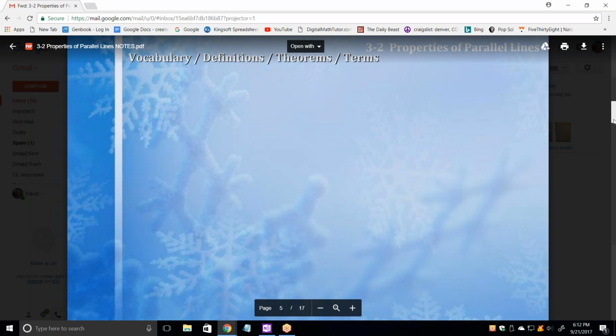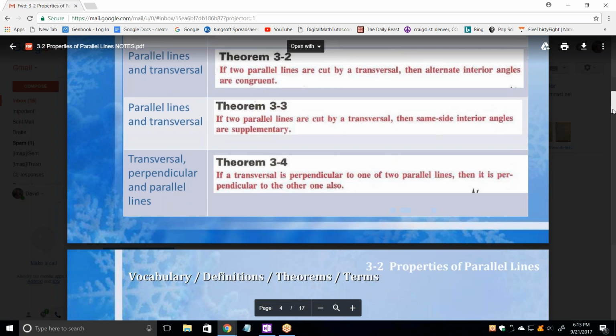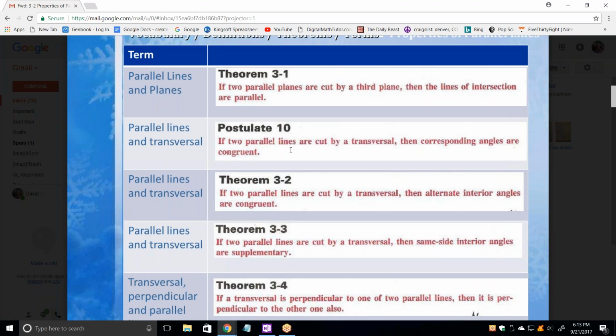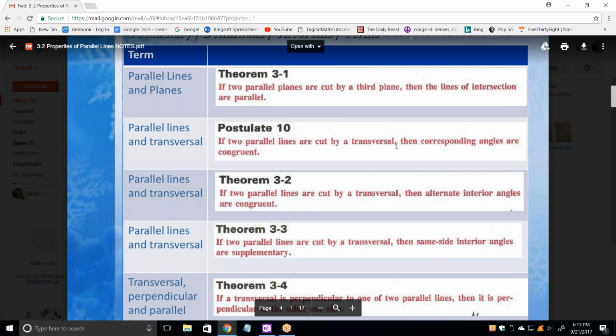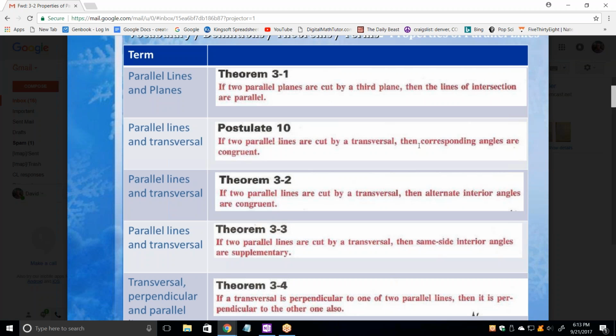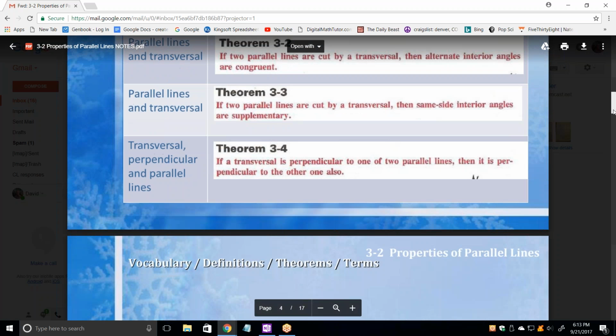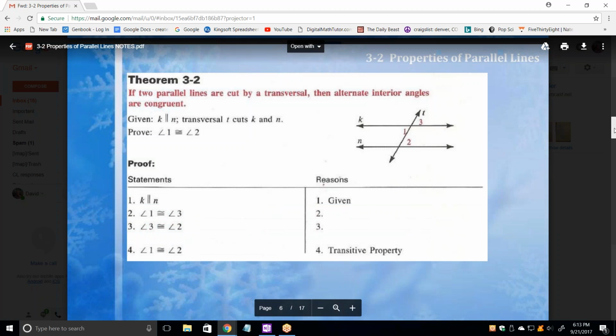Isn't that the way it works? You can only use theorems that you've proven or postulates. Postulate number 10. If 2 parallel lines are cut by a transversal, then corresponding angles are congruent. Well, what we're looking at is corresponding angles. 3 and 2 are corresponding angles.